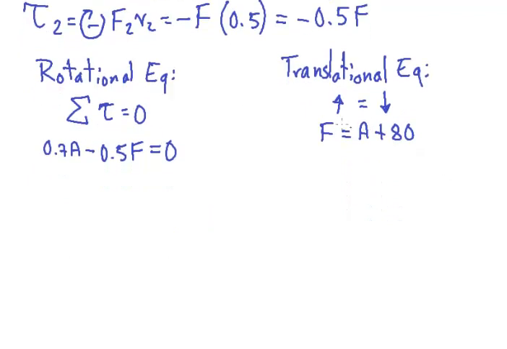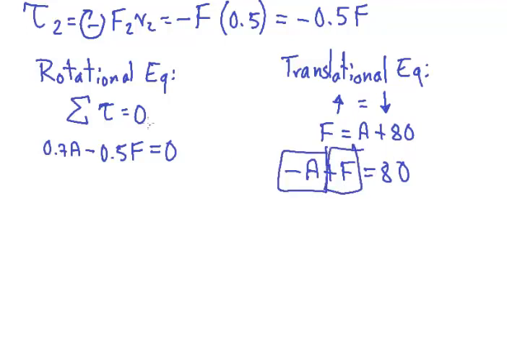I'll move A to the side intentionally, in the same order as the first equation. So if I move A here, it will be minus A. That will give me minus A plus F equals 80. I move it this way so that I have A first, then F. That way, I also have here A first and then F. Since I have them in the same order, I can put them together, and I will get this: 0.7 A minus 0.5 F equals 0.